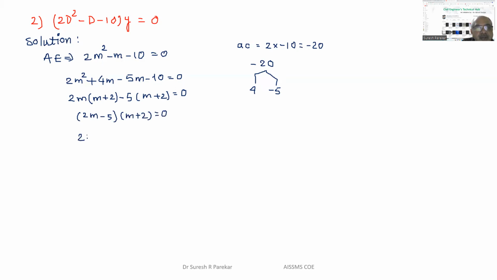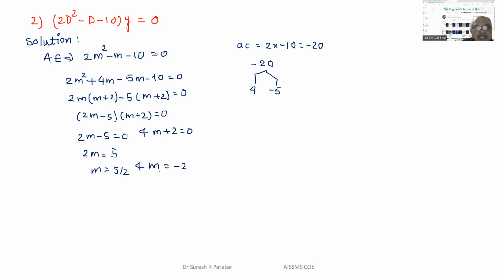Then we have 2m − 5 = 0 and m + 2 = 0. And from this we will get 2m = 5, m = 5/2, and another value m = −2.